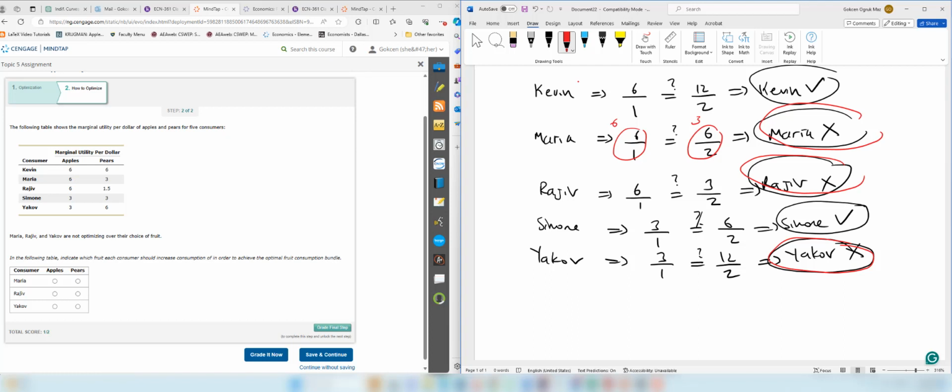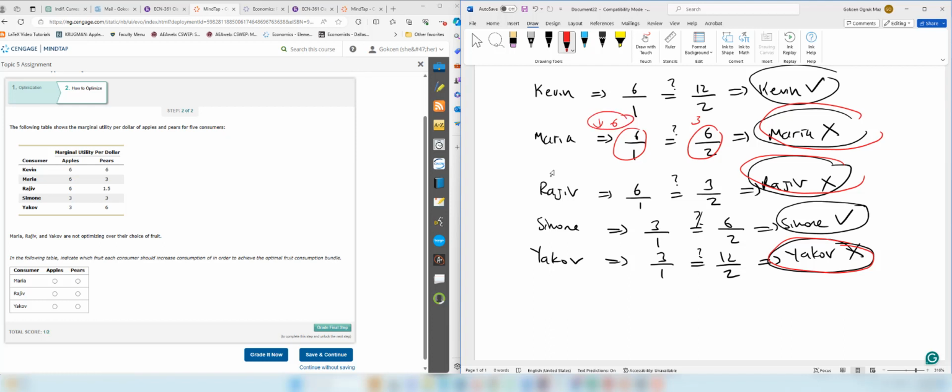She's enjoying the $1 she spends on apples more than the $1 she spends on pears. Therefore she needs to consume more apples. When she consumes more apples, the marginal utility per dollar she spends on apples is going to go down, because of diminishing marginal utility, and we can reach the optimum by reducing this number.